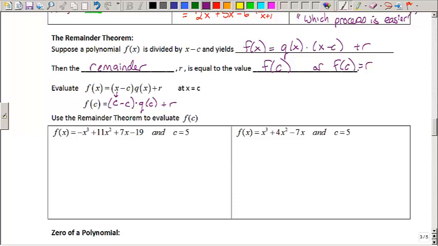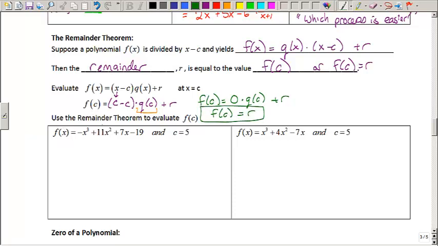Well, I don't really know what this quotient at c is, but I do know what c minus c is. And c minus c has always been 0. So f of c is equal to 0 times the quotient at c plus the remainder. Well, 0 times anything, I don't care what this quotient at c is, it's going to be 0 because 0 times anything is always 0. So therefore f of c is equal to my remainder.